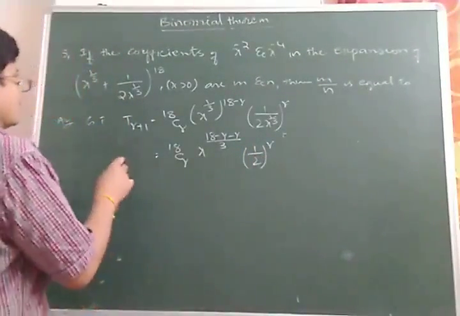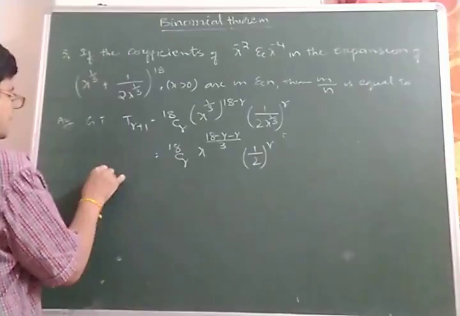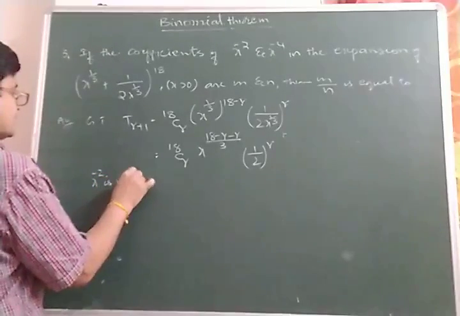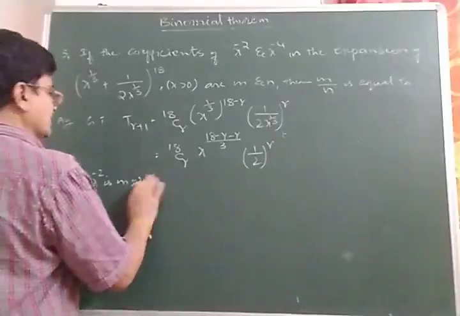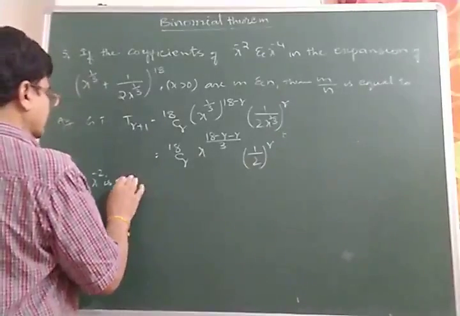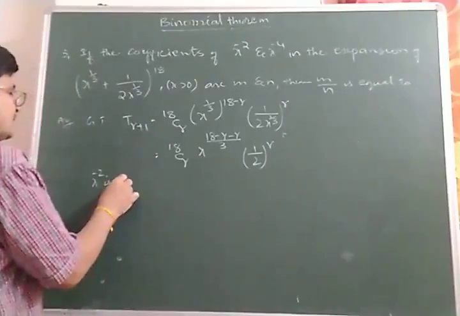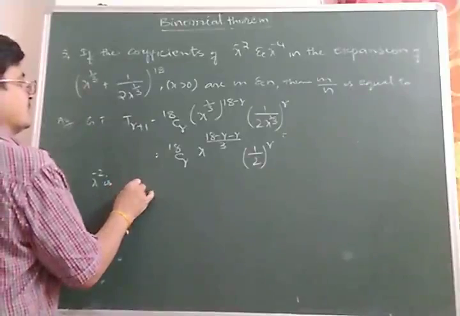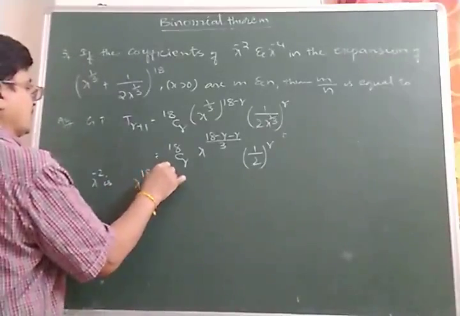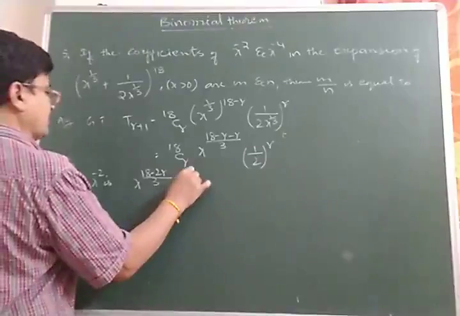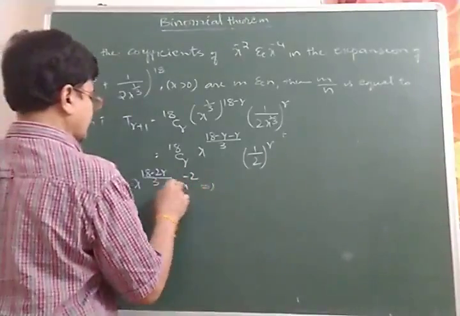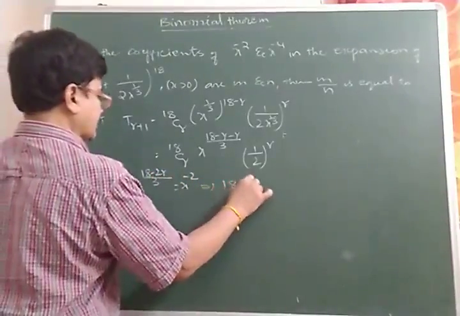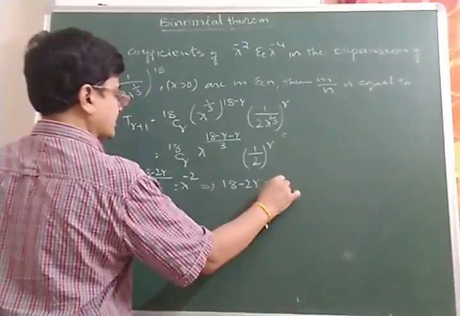Given coefficient of x power minus 2 is m. So that implies x^((18−2r)/3) is equal to x to the power of minus 2. So that implies 18 − 2r is equal to minus 6.